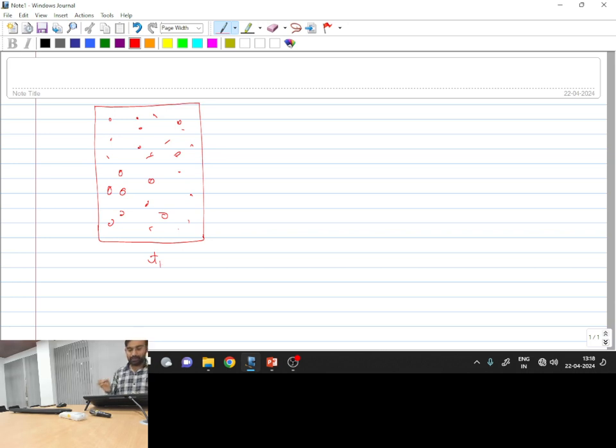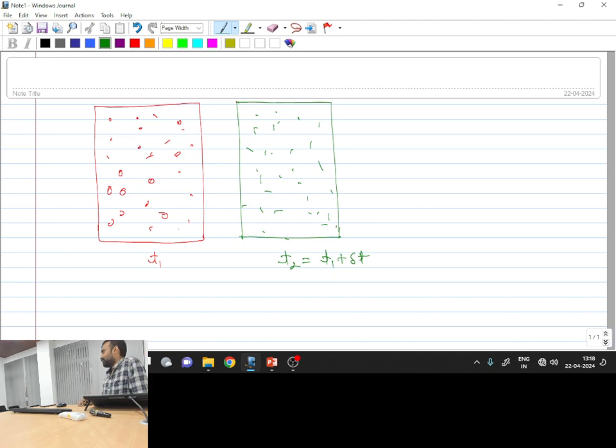Then say between two laser pulses you have a time gap of delta t. So you will have time t2, which is t1 plus delta t. Now you will have some new particle locations. But it is hard to predict which location this particle has gone to.